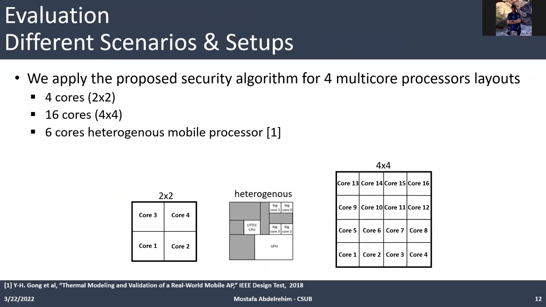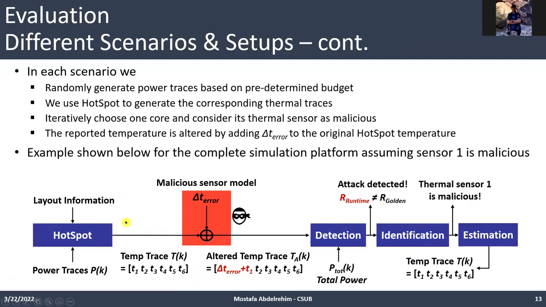Here is our evaluation setup. We tried 3 different layouts: a 2x2 core or 4 cores processor, a heterogeneous processor application for smartphones, and a 16 core processor. Basically, we use the HotSpot thermal tool.